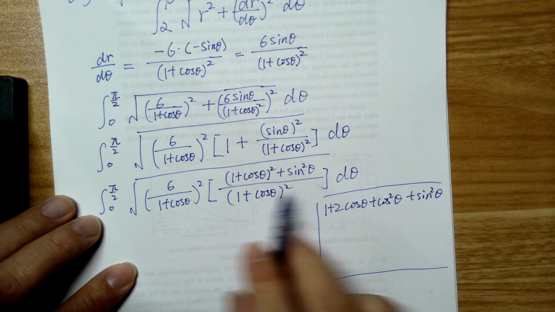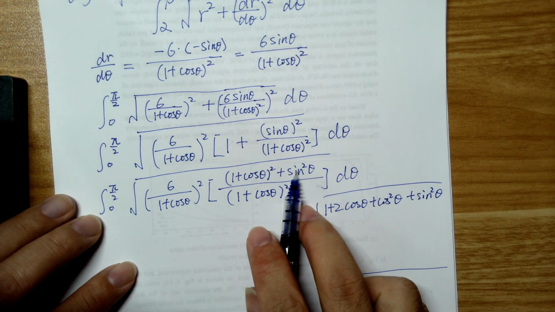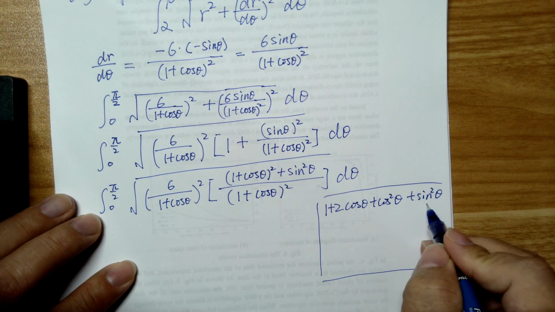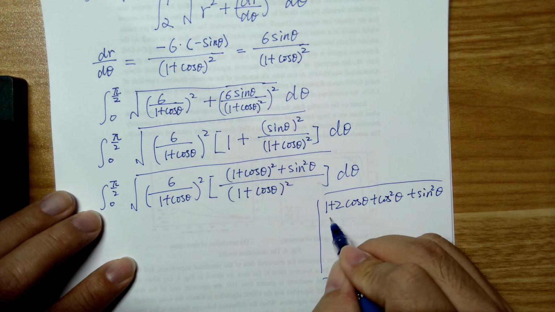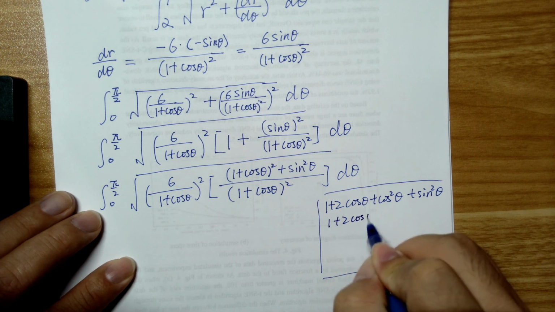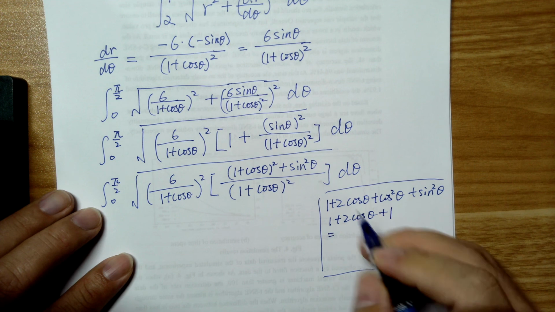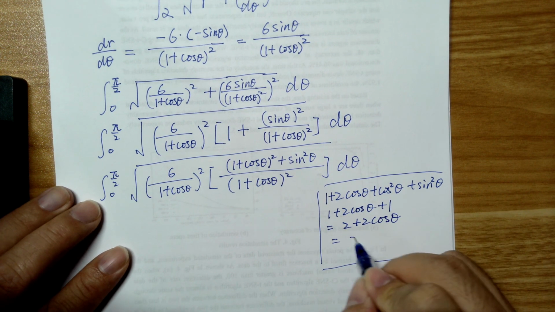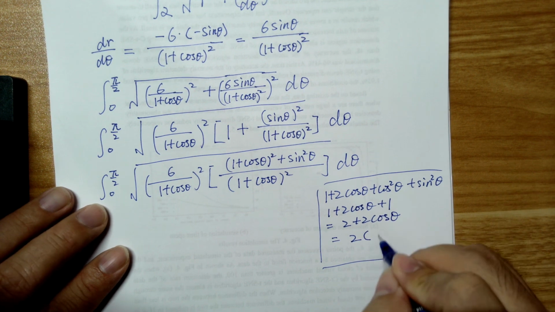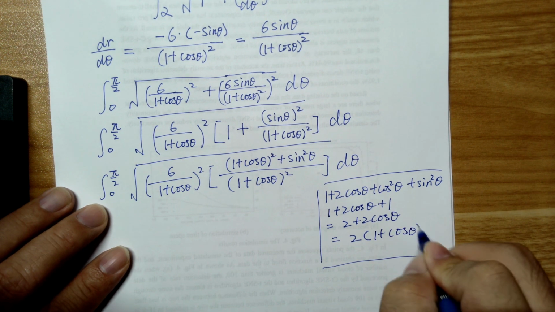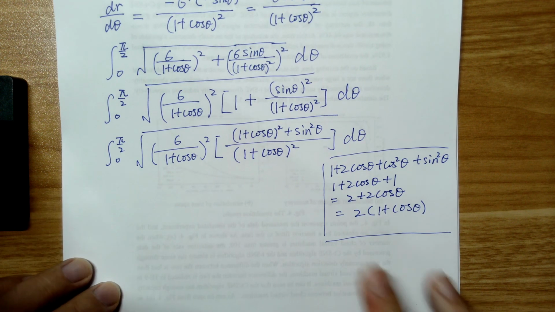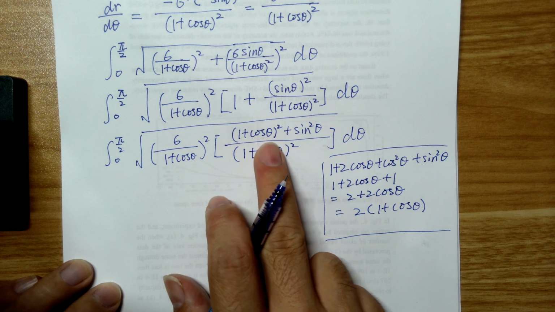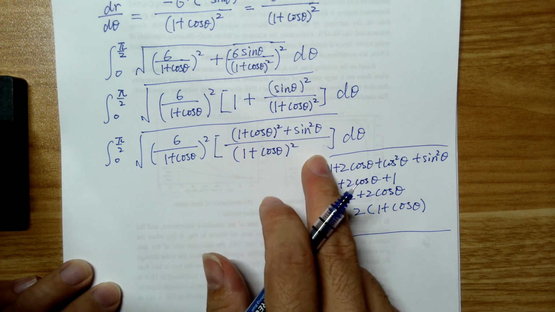So that's the numerator for this part, and this part is 1, right? So I'm going to have 1 plus 2 cosine theta, and then plus 1. That is 2 plus 2 cosine theta, which I can even write as 2 times 1 plus cosine theta. Okay, so this is the simplified expression for the numerator inside of this bracket.